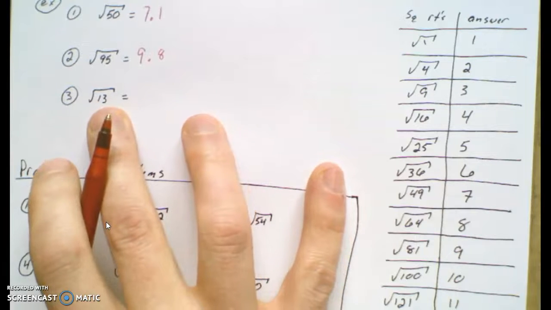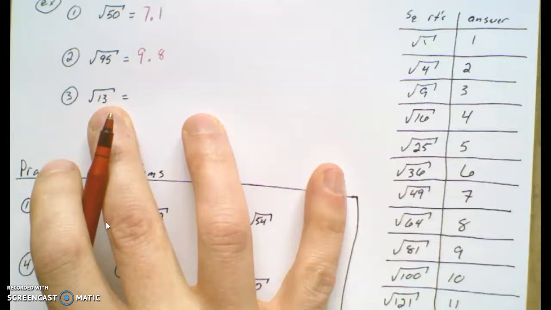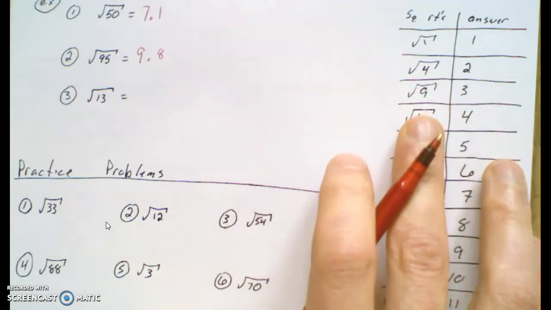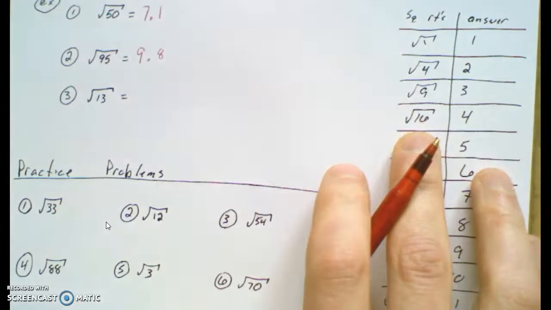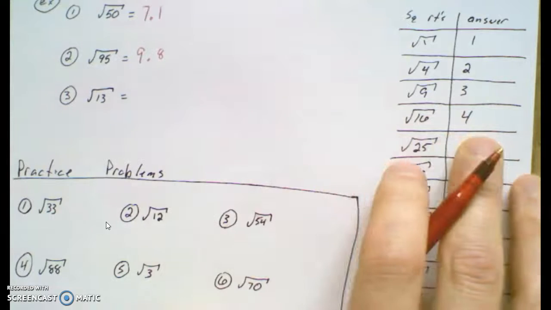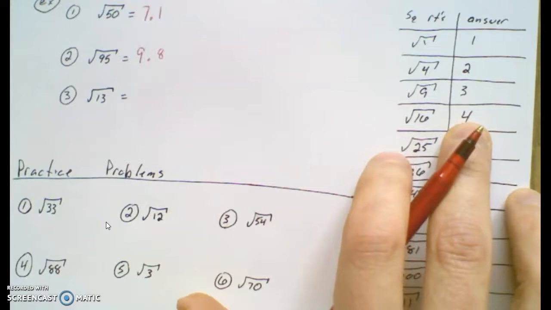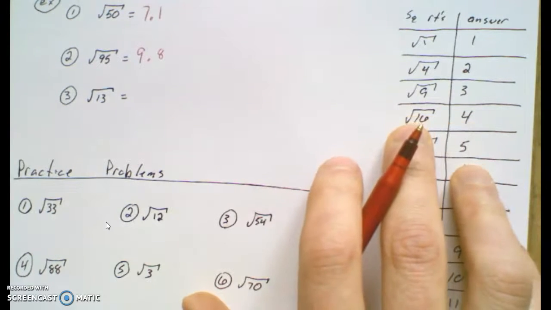And then 13, right? I'm just going to go on my chart. I'm going to try to figure out where that falls. So it's bigger than 9, less than 16. So it's somewhere in between 3 and 4. So it's going to be 3 point something. And I'm looking and I can see 13 is right in the middle.